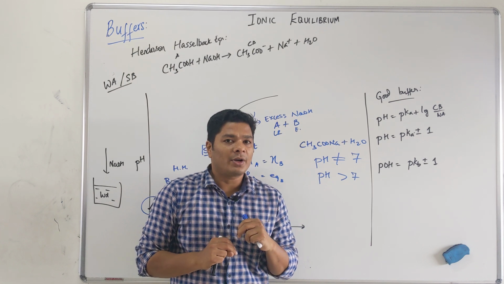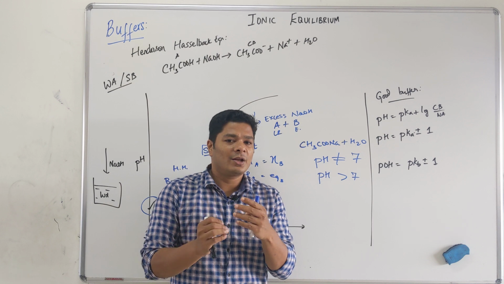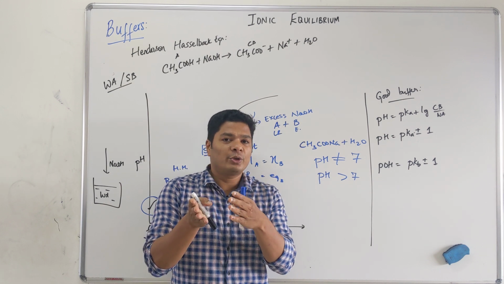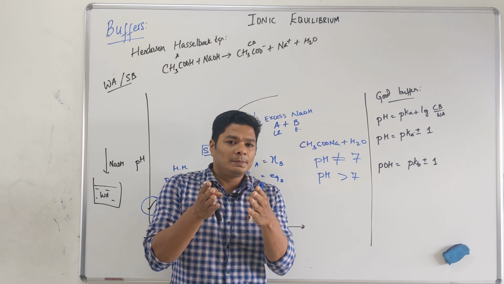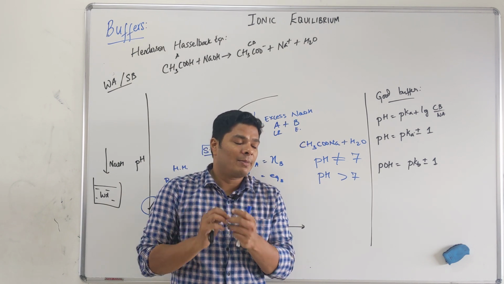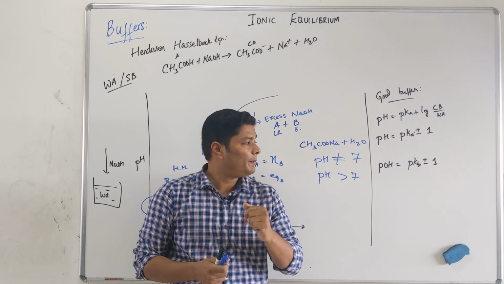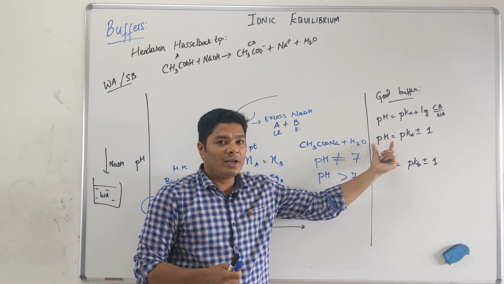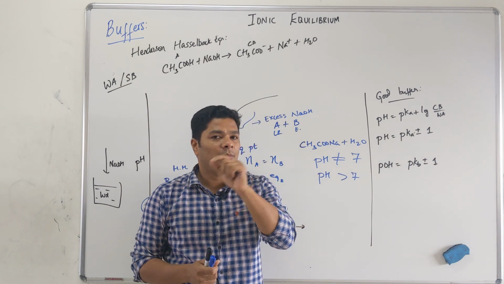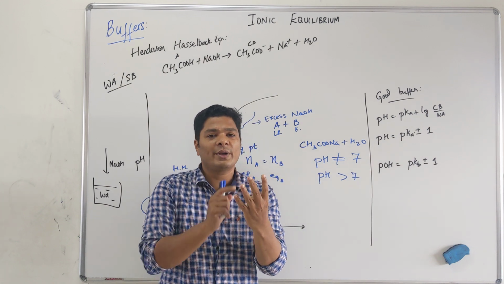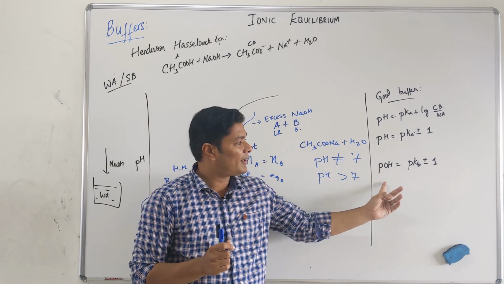For example, your blood buffer. Blood buffer is normally H2CO3 and HCO3 minus, general bicarbonate and carbonate buffers. Why do you use that? If the buffer range you need is a pH of 7.3, the pKa should be within 7.3 plus or minus 1. So if 4 examples are given and they ask which one you need, see whose pKa value is close to the required pH, or for a base, close to pOH.